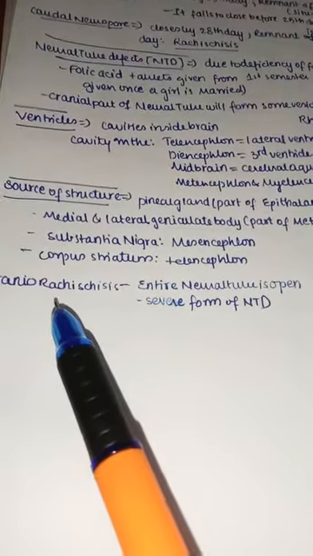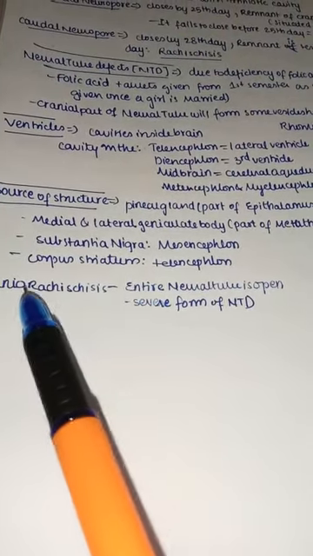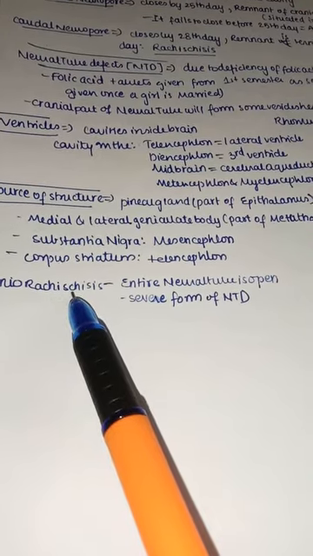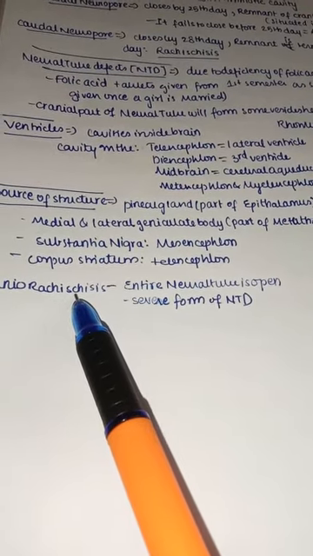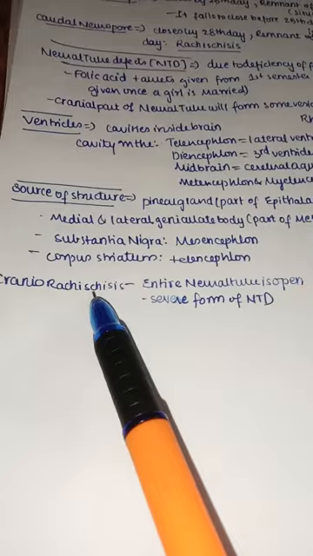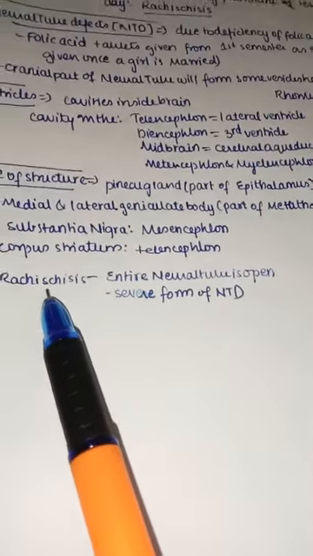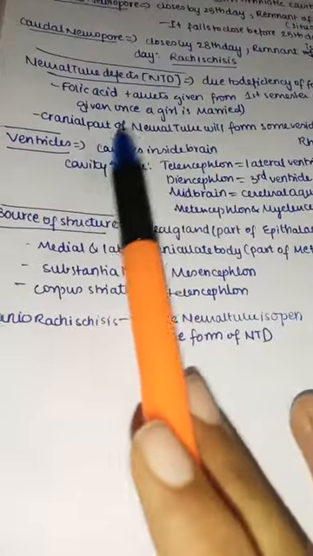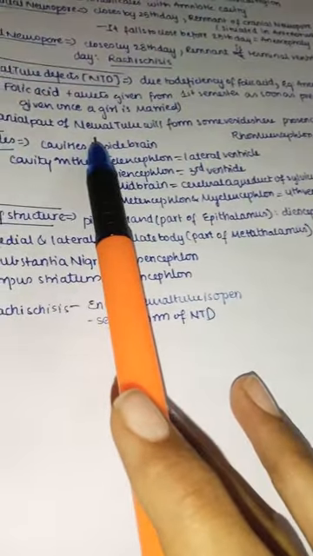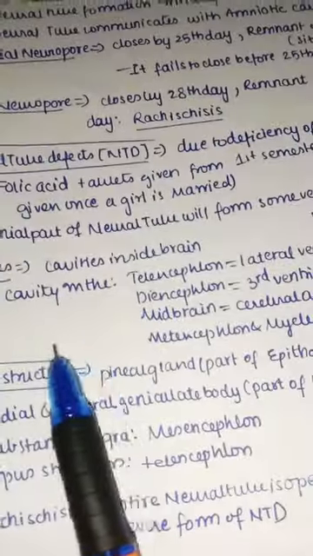Craniorachischisis, if you remember, rachischisis is caused when the caudal part of the neural tube is not closing on the 28th day.